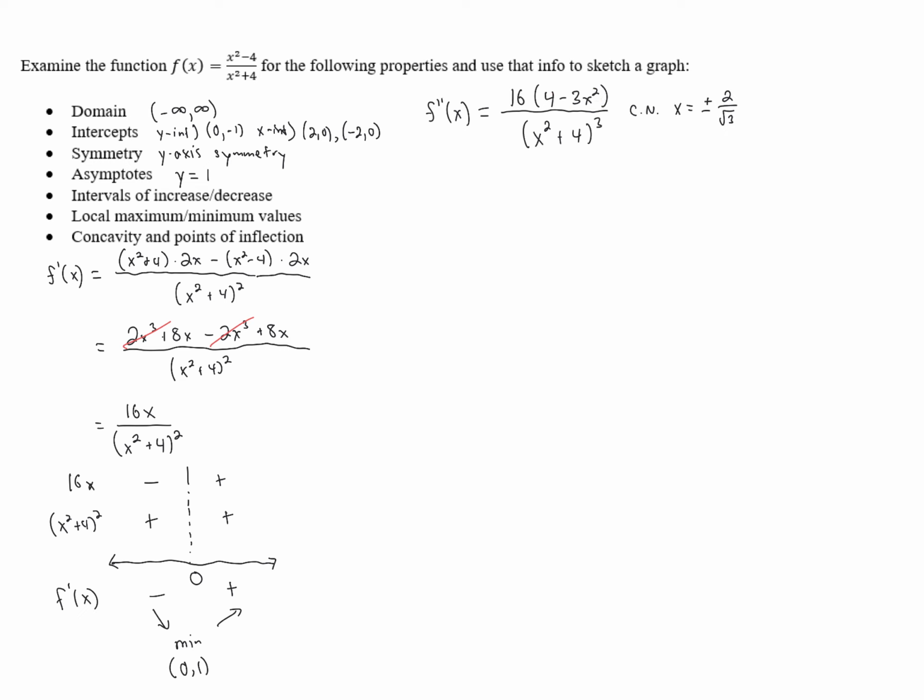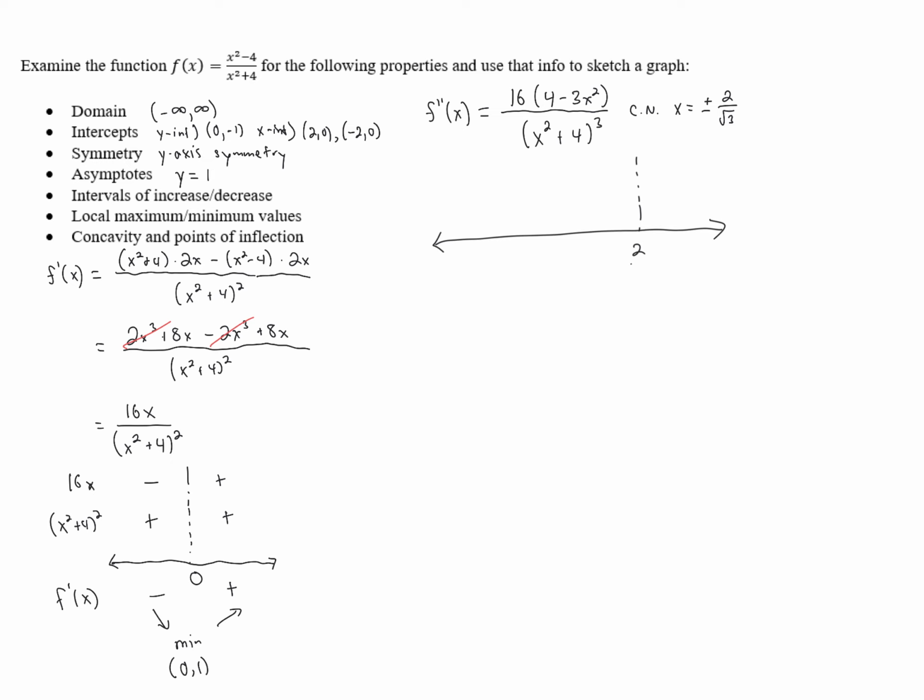If we set it equal to 0, we add 3x squared to both sides, divide by 3, that gives us x squared is 4/3, take the square root, we get 2 over root 3, plus or minus. So those are going to be the numbers we have to deal with for our sign chart for the second derivative.